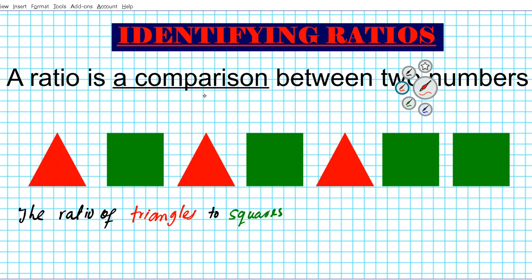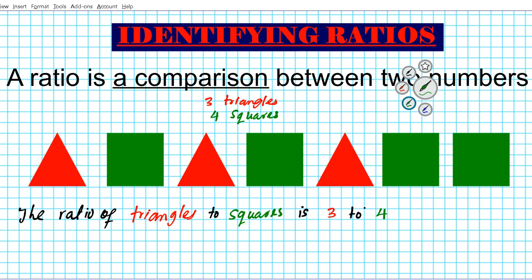We have 3 triangles. And how many squares do we have? 1, 2, 3, 4. We have 4 squares. So what is the ratio of triangles to squares? The ratio of triangles to squares is the number of triangles, 3, to the number of squares, which is 4.